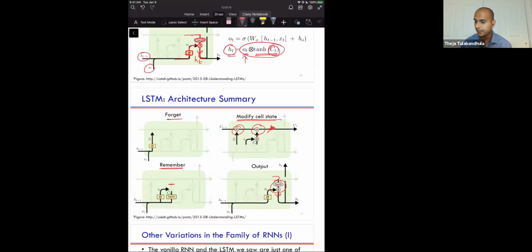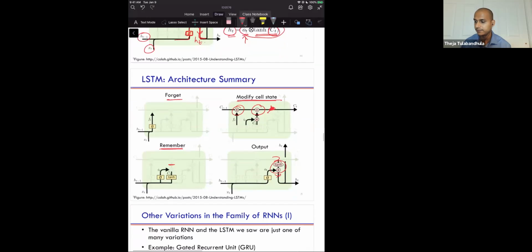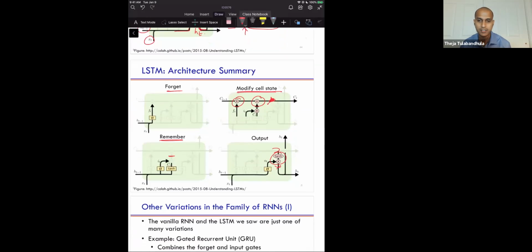So those are the four steps in each LSTM cell. Although it seems quite elaborate, it's actually not. You can use nn.LSTM, for example, to instantiate an LSTM block and use it in your neural network class definitions.